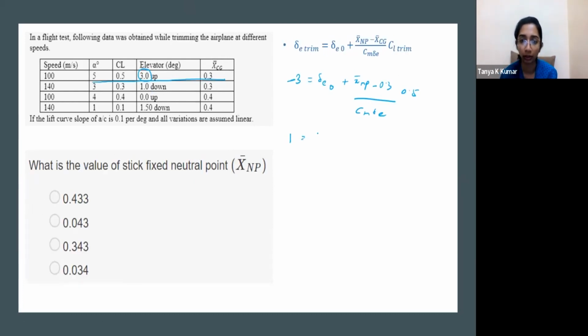So 1 equals delta E naught plus X bar NP minus X bar CG, which again is 0.3, times CM delta E. And what is CL trim for the second case?